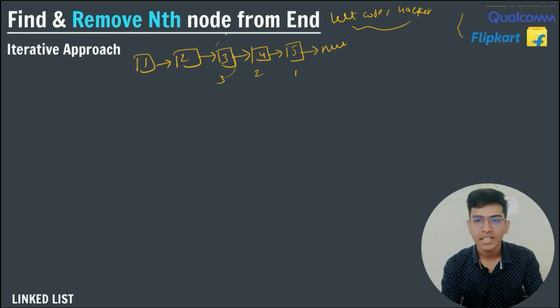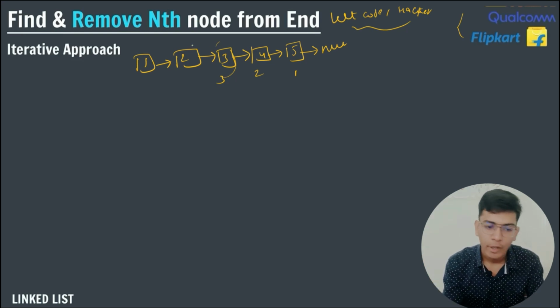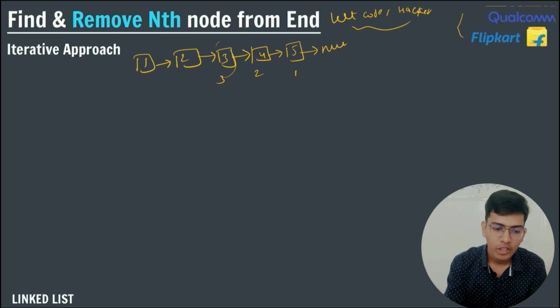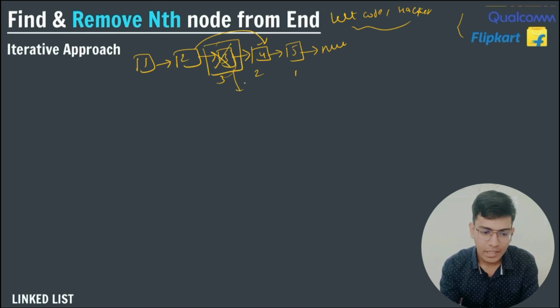We already know that to remove a particular node, we just need to change the next value. So we need to change its previous connection to its next connection. So instead of pointing to 3, I can directly point to 4, and this particular node will get automatically deleted by my Java collection framework.